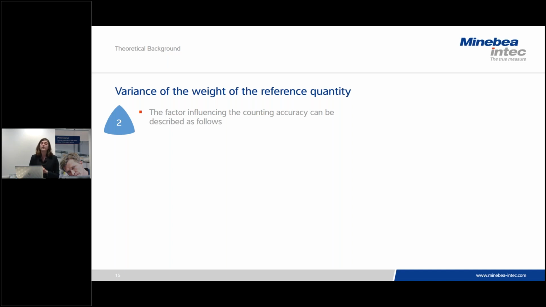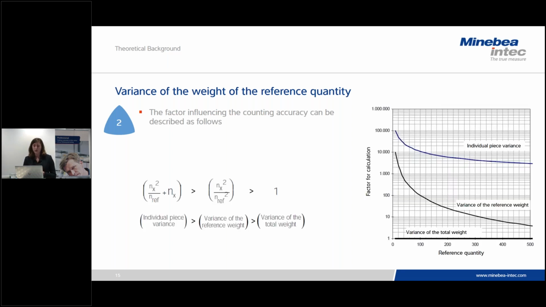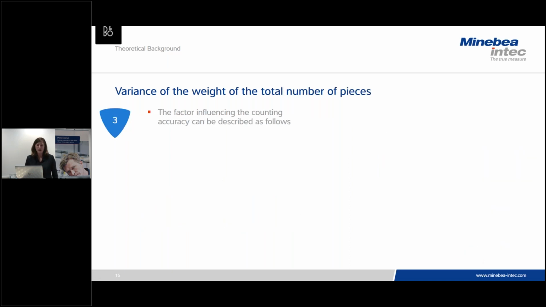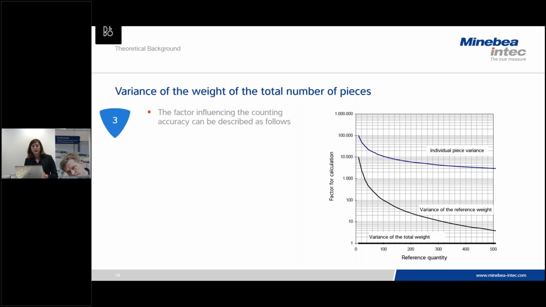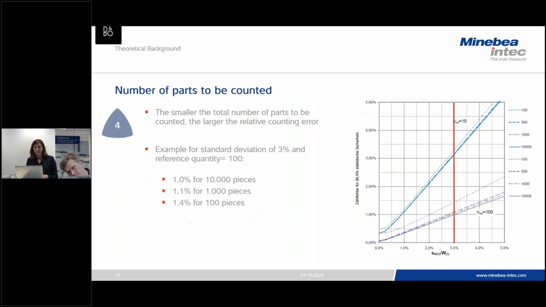The second influence is the variance of the weight of the reference quantity, and this is what I've already shown you, that this also has a big influence, but the influence of the individual piece variance is by far higher. And the last variance of the weight is the variance of the weight of the total number of pieces, and this is always 1 and has the least influence on the counting accuracy.